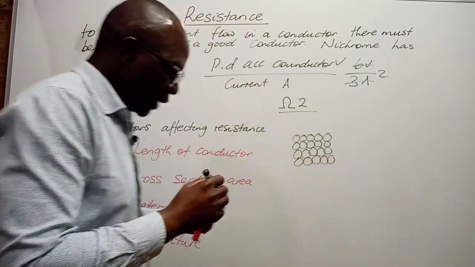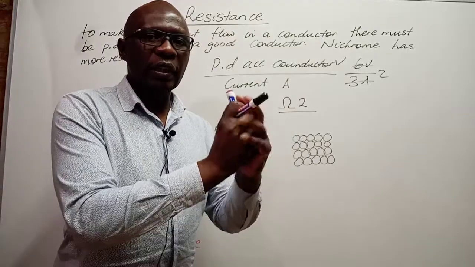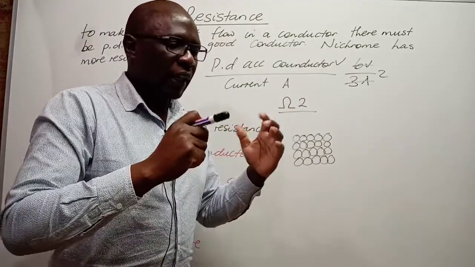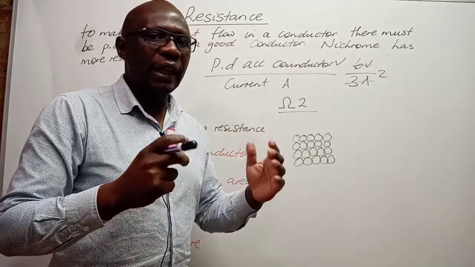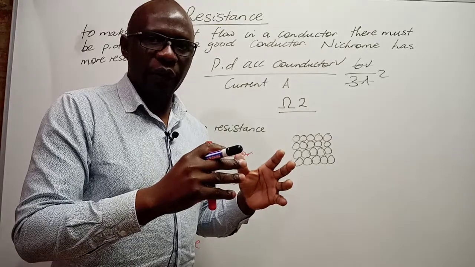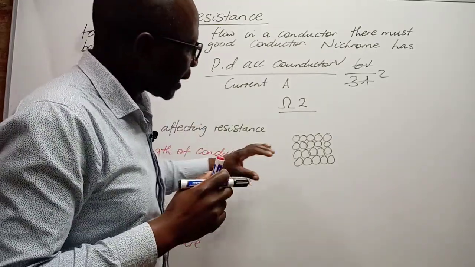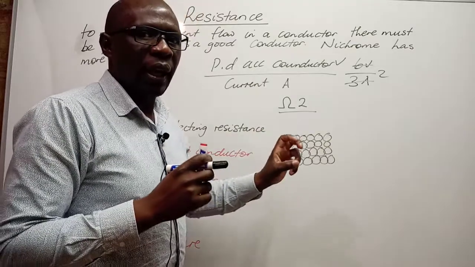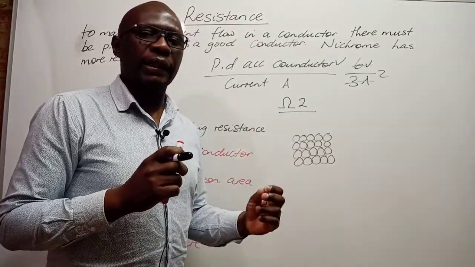At a low temperature, these particles are tightly together. They are vibrating on the spot. But as they gain heat, they start to vibrate more, right? So what it means is that the collisions between the particles are increased as they gain heat, right?